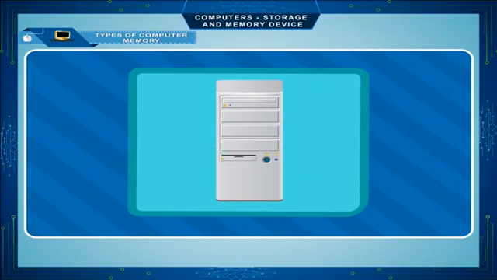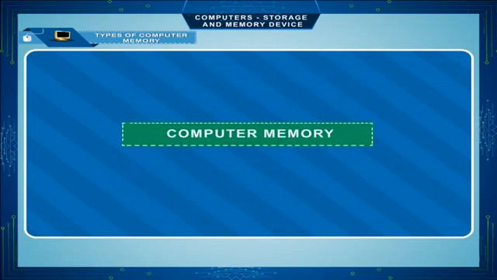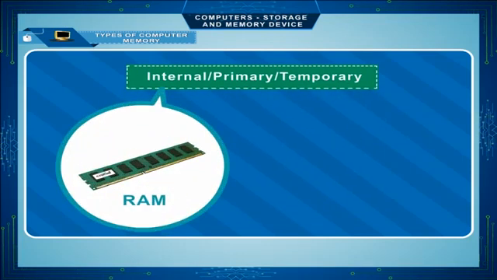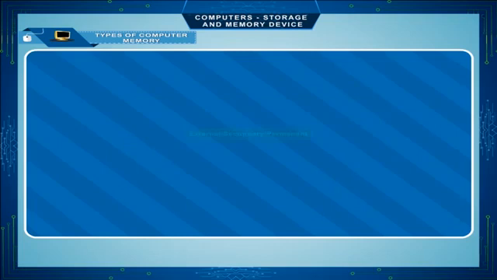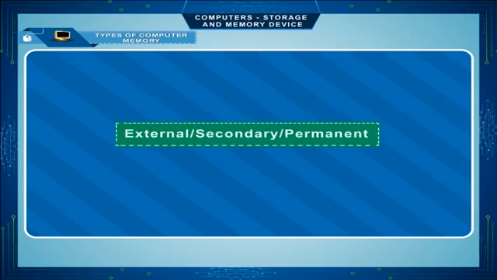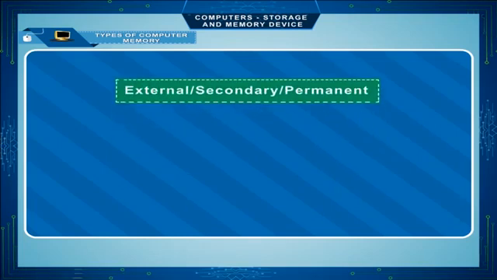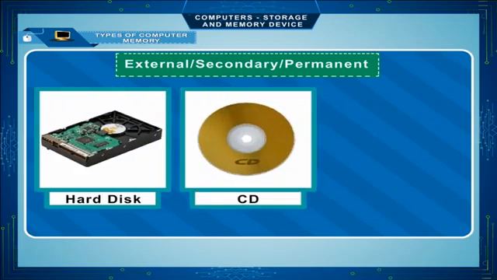The storage devices are the secondary memory that store a large amount of data and software permanently. Computer memory: internal, primary, temporary; RAM, ROM. External, secondary, permanent; hard disk, CD, DVD.